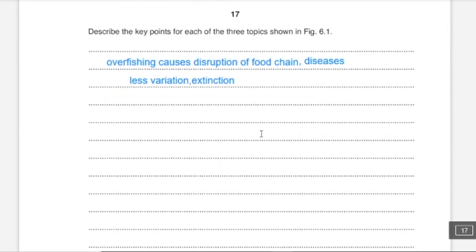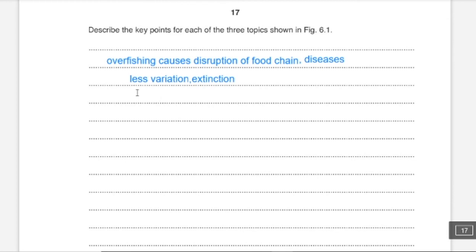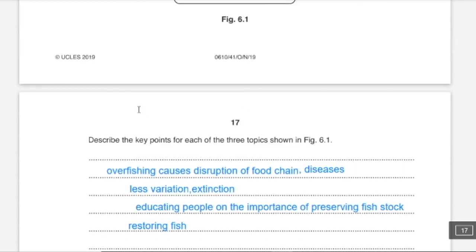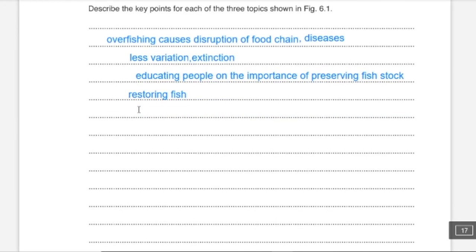They can be maintained by educating people on the importance of fish stock, and the second point can be implementing quotas or restoring fish. So this is how we can control this situation, and I've mentioned 2 points for each of them, which covers the 6 marks.